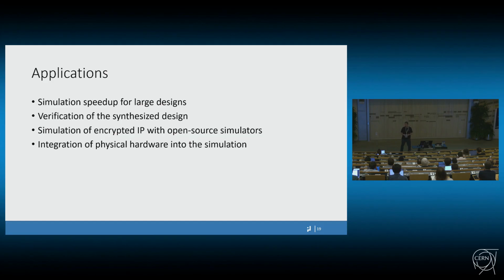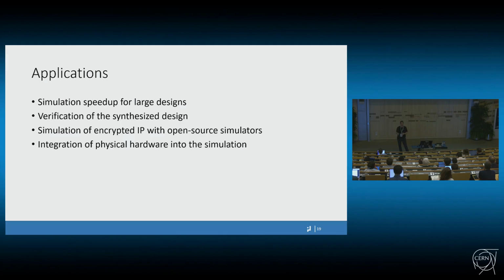So for applications, obviously there's speeding up simulations for large designs. The larger the design, or the bigger the ratio of design to test bench is, the better the simulation speed up will be. Because you are synthesizing the design and putting it into the simulator, you now verify the synthesized design.